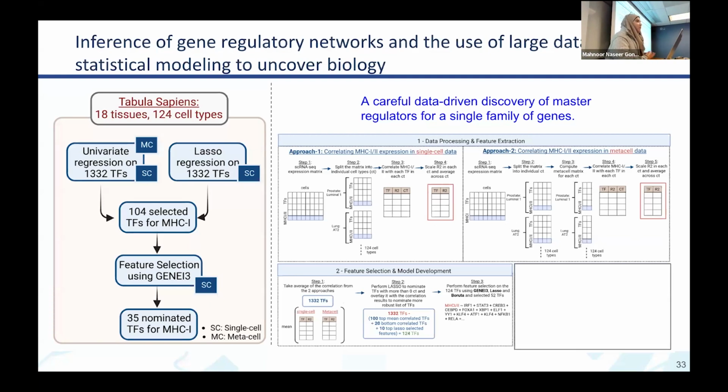It can nominate those transcription factors or features that would be the best across all features. So we perform lasso to nominate the transcription factors in more than 0 cell types. If a transcription factor was nominated by lasso in more than 0 cell types, then we overlay it with the correlation results that we got previously.